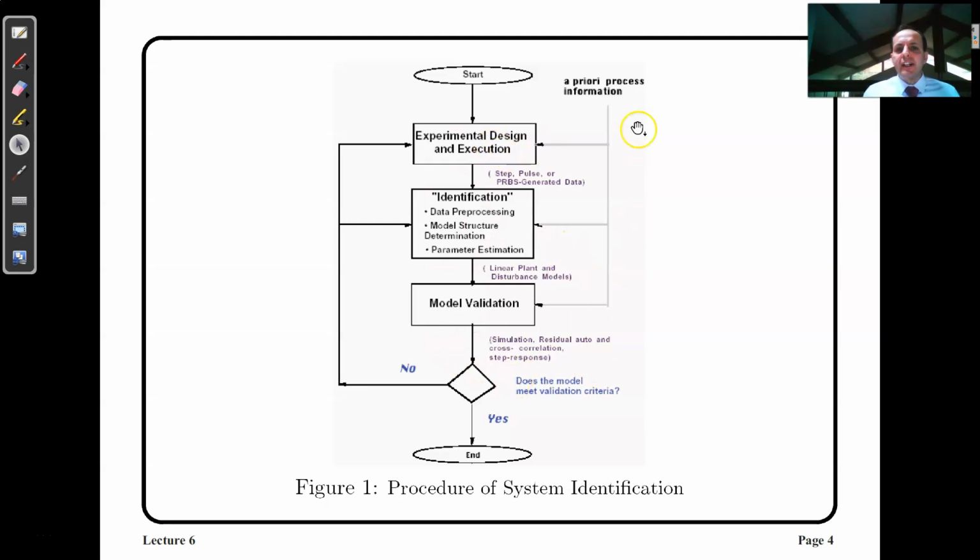As you can see here, a possible a priori process information can enter at the level of the experimental design, the identification, and the model validation. At the end, you need to determine if your model is okay. If yes, you conclude your procedure, but if not, you may come back to your initial steps. The worst case is that you need to acquire the data again, while the simplest one is to change the model and then re-estimate the parameters.